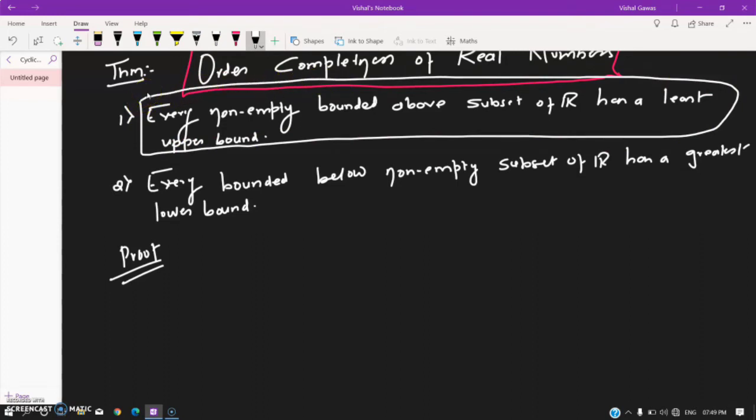It's called the order completeness of R. It's called the least upper bound property of R. So to prove this, we'll assume this, and then we would do vice versa when we are actually proving the below. This is what we call the LUB property of R.